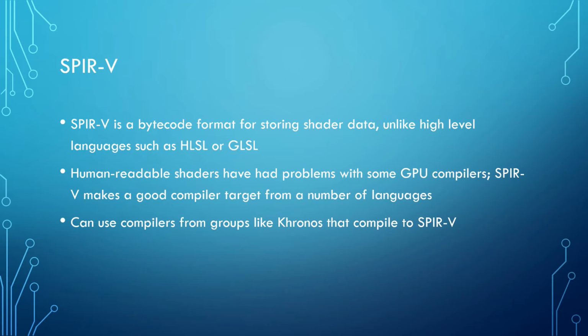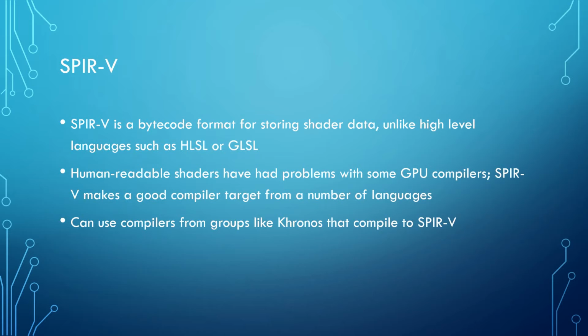So basically, this is a bytecode format for shader data. Right now, we write our GLSL for our applications and submit that, and it gets compiled on the GPU, and then we use that for our shaders.